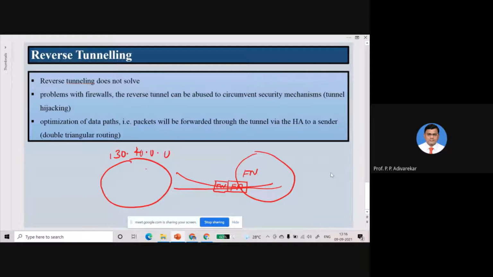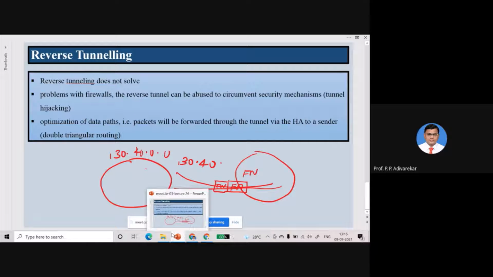All the nodes present inside this network will have addresses belonging to the same subnet, starting with 130.40 and so on.